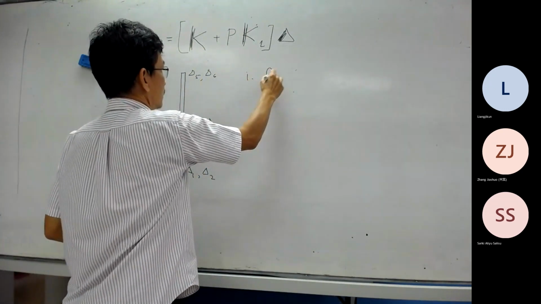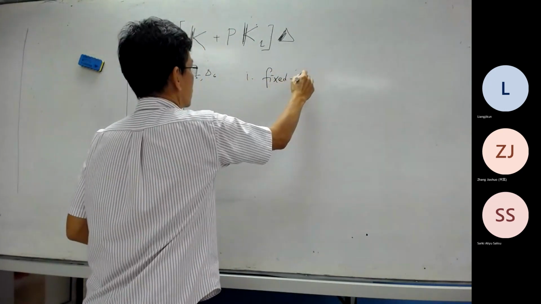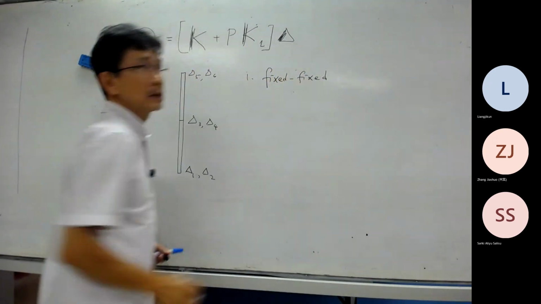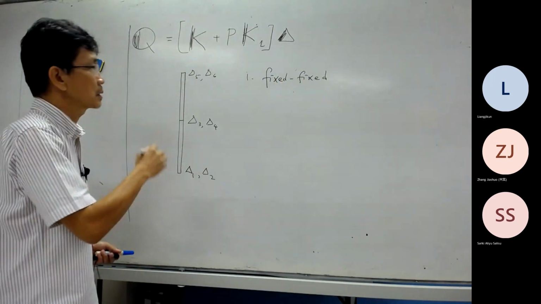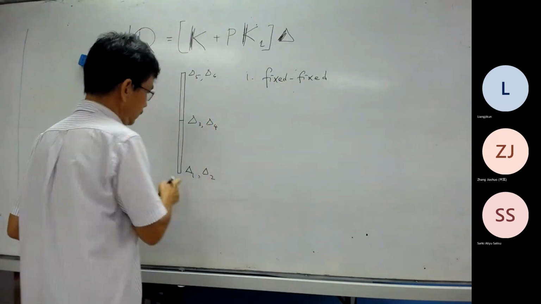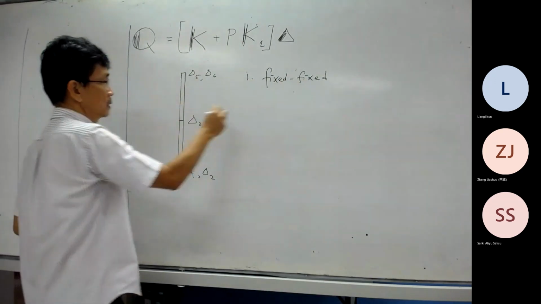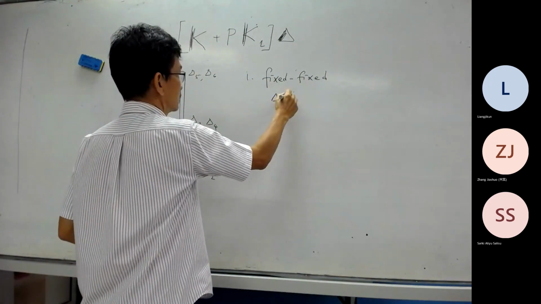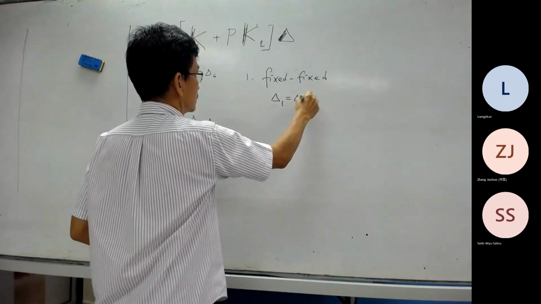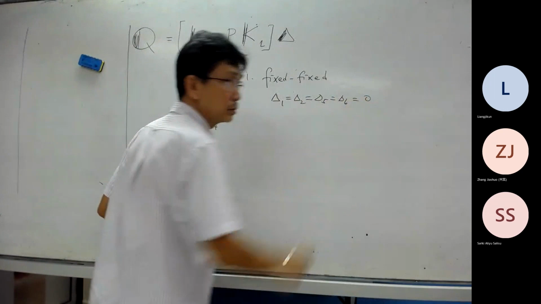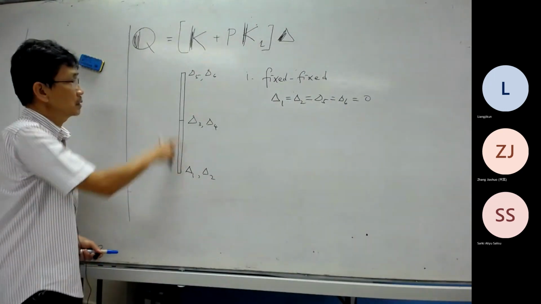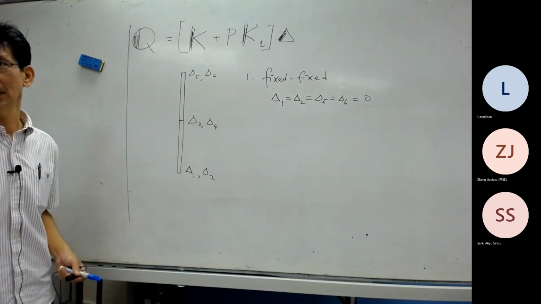Now, if the column is fixed and fixed, this is similar to your finite element method, how to consider support conditions. It's fixed and fixed, which means delta 1 equal to delta 2 equal to delta 5 equal to delta 6 equals 0. If this is fixed and this is fixed, all of these are 0.